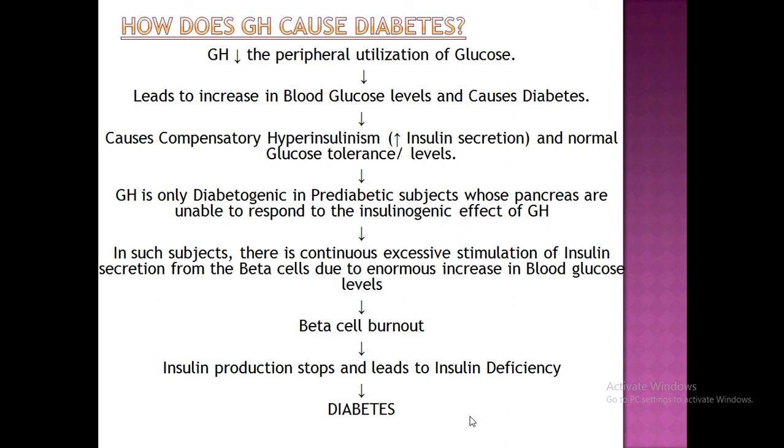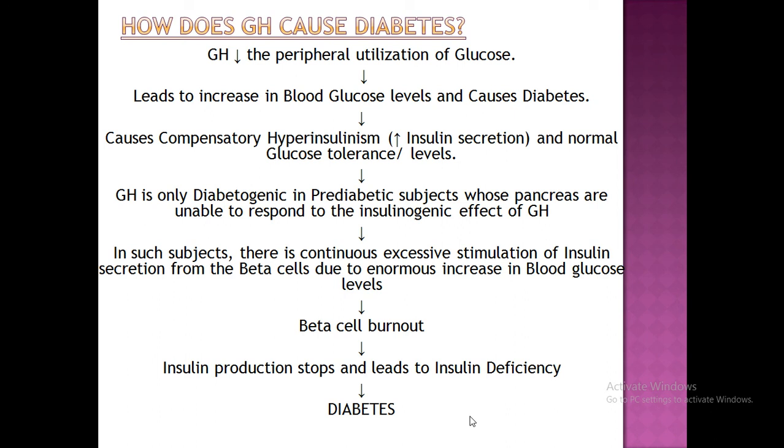How does it take place? Growth hormone decreases the peripheral utilization of glucose, leading to an increase in the blood glucose level and causes diabetes. Growth hormone is only diabetogenic in pre-diabetic subjects.